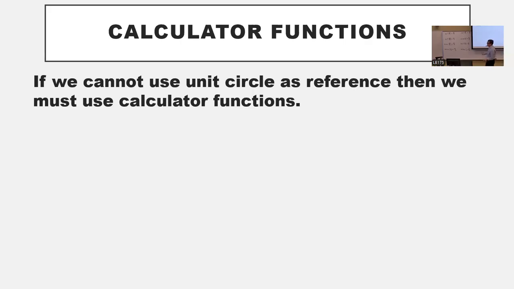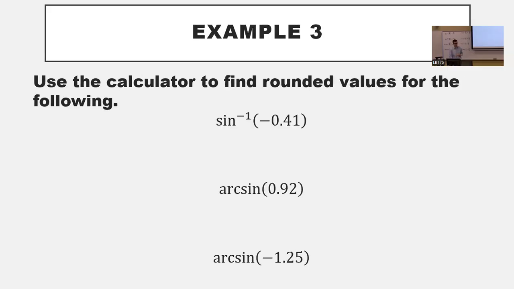So if I don't have nice inputs, what I could just do is turn to the calculator. In fact, I could have probably turned to the calculator with the ones I've written on the board as well.